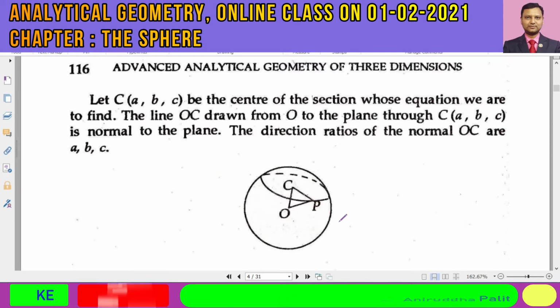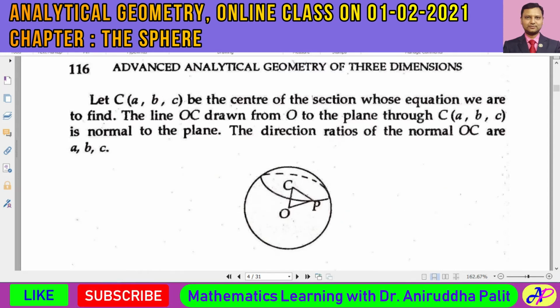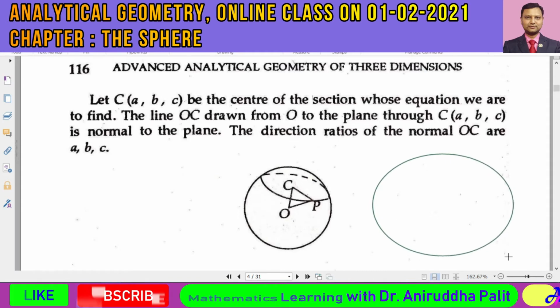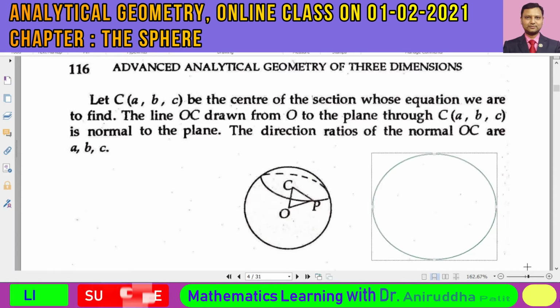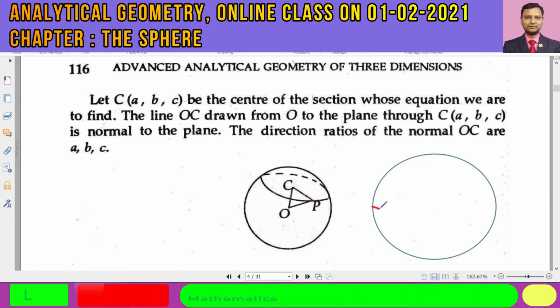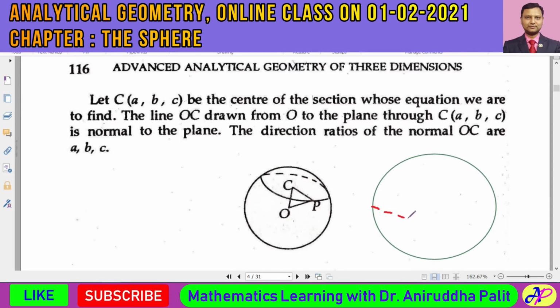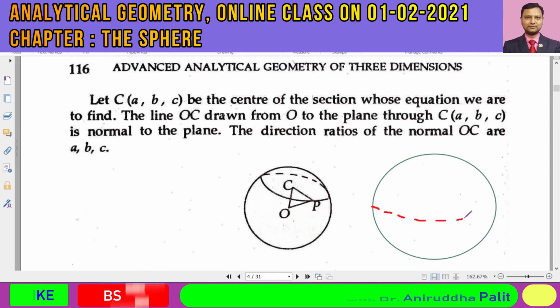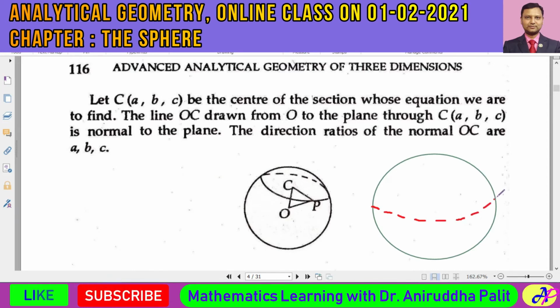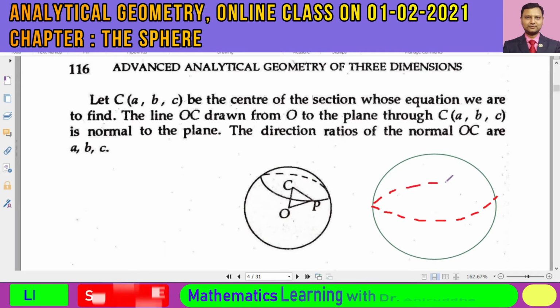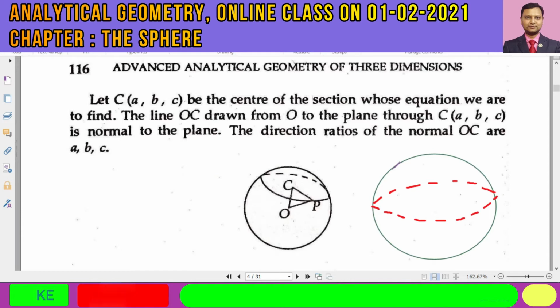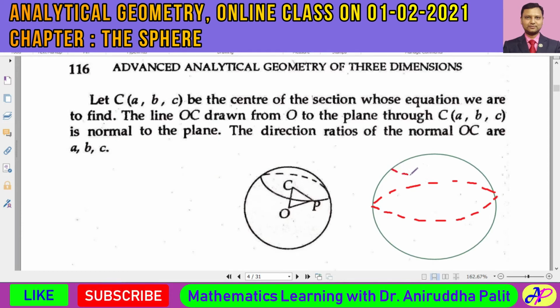What is a small circle and what is a great circle? Whenever you consider a sphere, you may consider a circle like this that is passing through the center of the sphere. This kind of circle is called a great circle. Remember these two definitions. And what is a small circle?